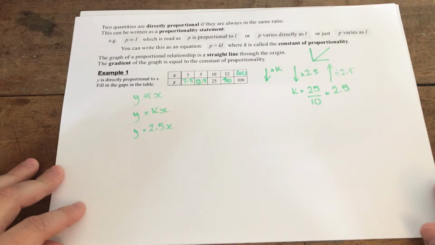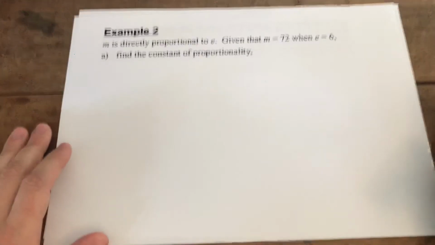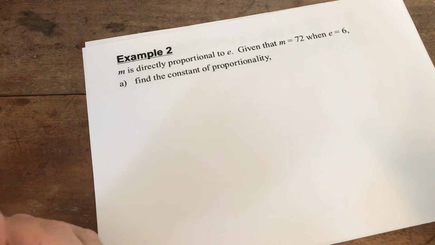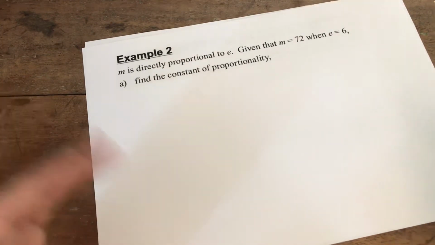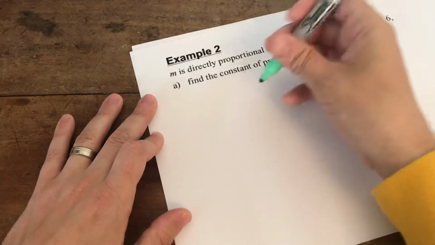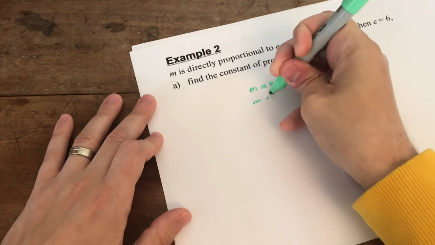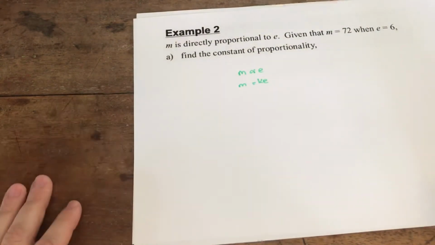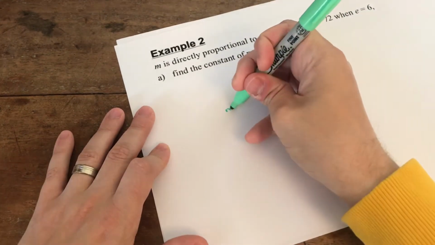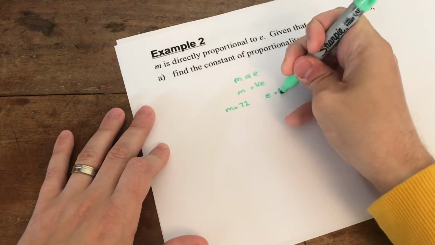Now in a table, as I said, it can be quite straightforward. It's in many ways easier than the other way of doing it. When we have this problem which says m is directly proportional to e, given that m equals 72 and e equals 6, you then have to use this to find the constant of proportionality and then substitute in. So you start off by writing m is proportional to e and then m equals ke. Then we substitute in the values we're given: m equals 72, e equals 6.